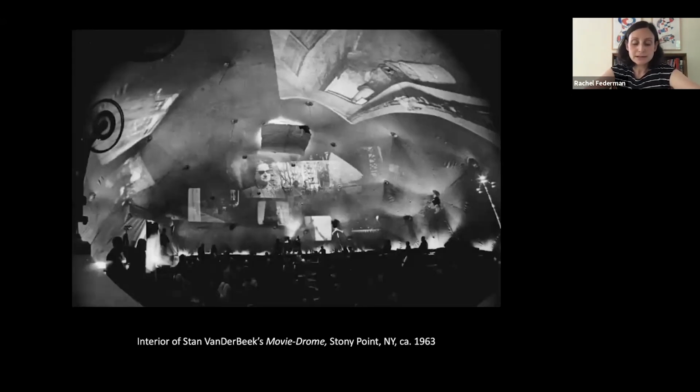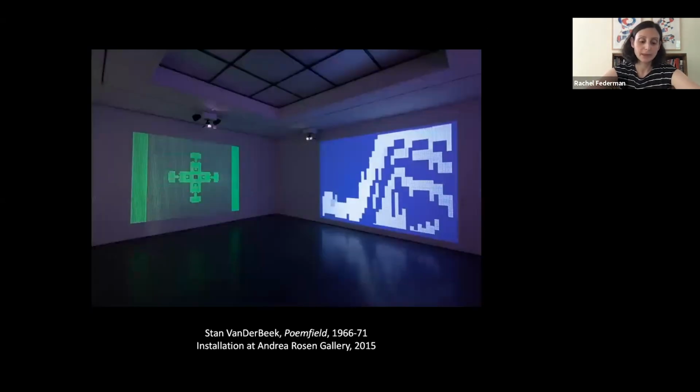It's important to note that a similar concept had already been realized in Stony Point, New York, by the avant-garde filmmaker Stan Vanderbeek. In his Moviedrome, visitors were invited to lie down on the floor for an immersive experience involving multiple projections. Vanderbeek was himself among the earliest artist adopters of computer technology, having worked with engineer Kenneth Knowlton at Bell Labs to create some of the first computer-generated drawings and films, such as his Poemfield films.